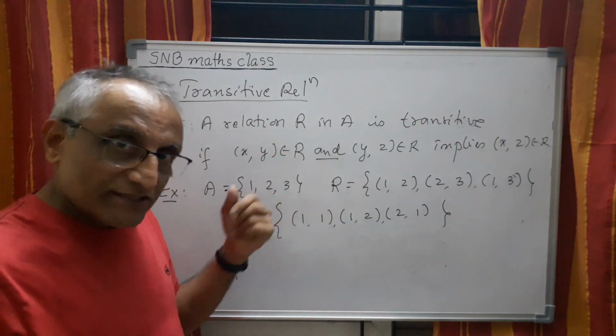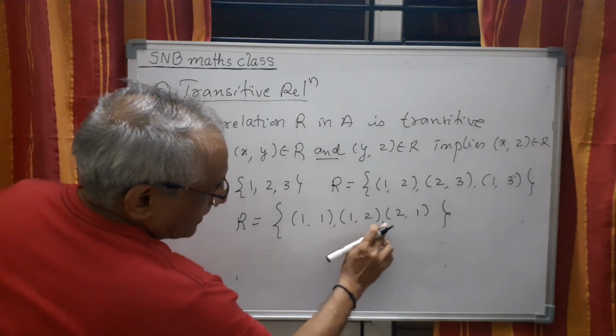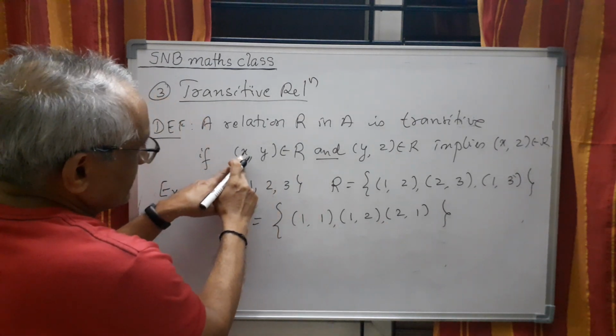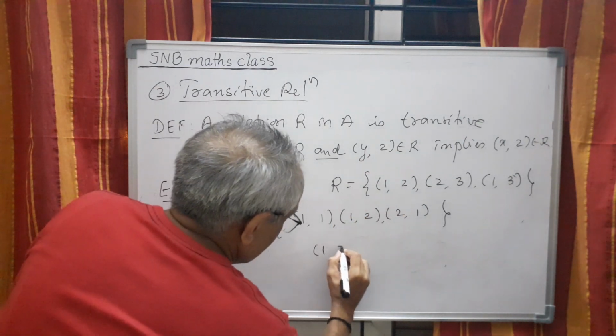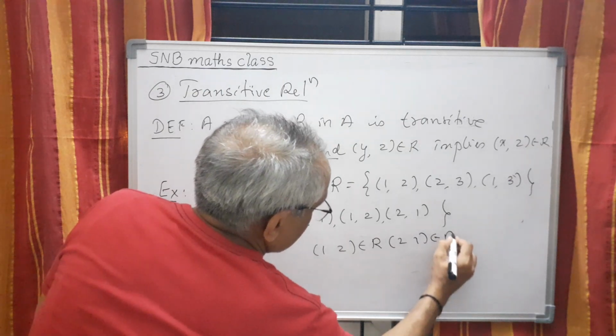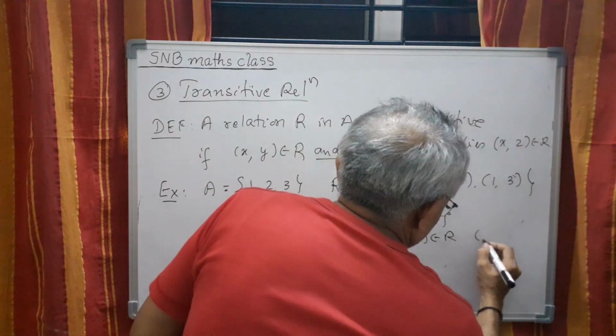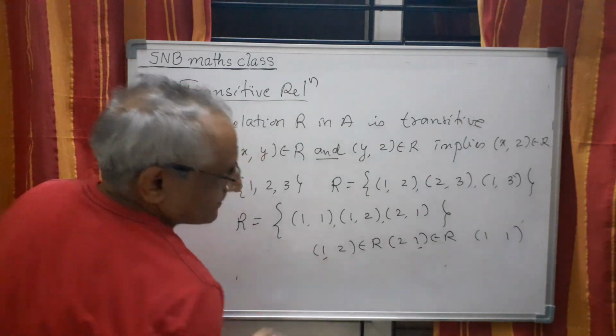You have to focus only on this concept. Now you have to search for this type of thing: (x, y), (y, z). (1, 2) is there and (2, 1) is there. Then (1, 1) is there. So, first element, last element.